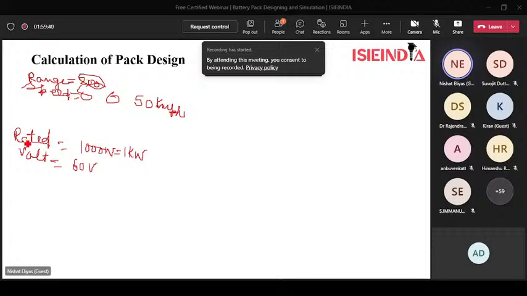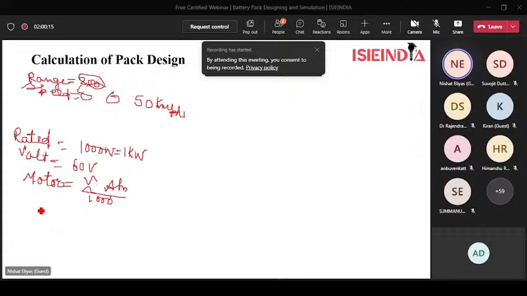From here we can interpret that the motor capacity equals the volt into the capacity which is required. If we want the value in kilowatt, then we have to consider 1000, or we can consider it as 1.